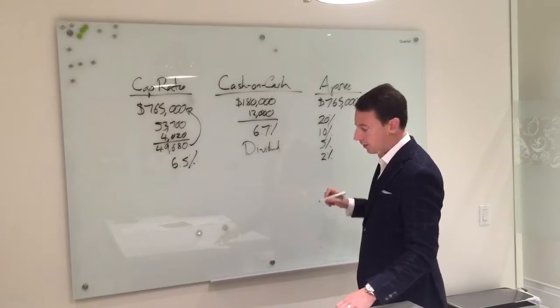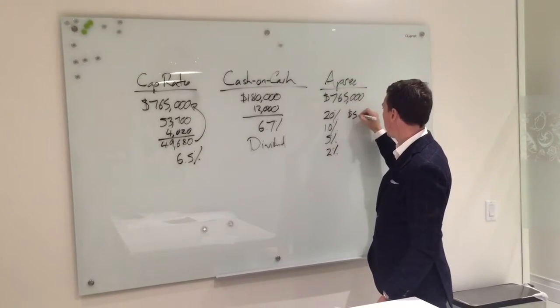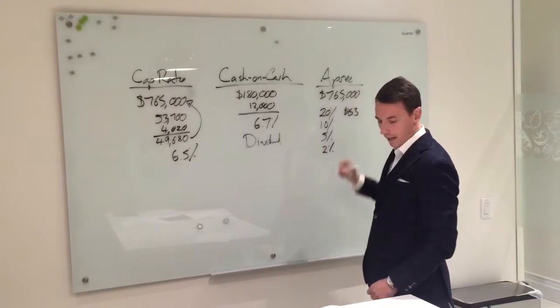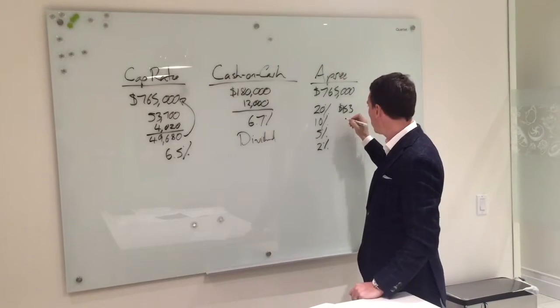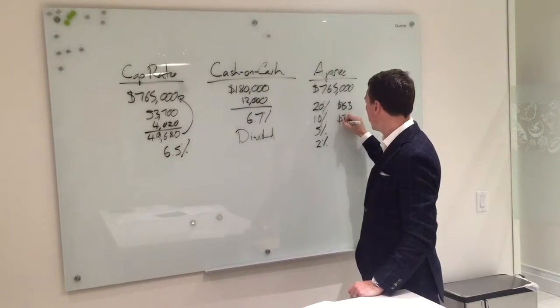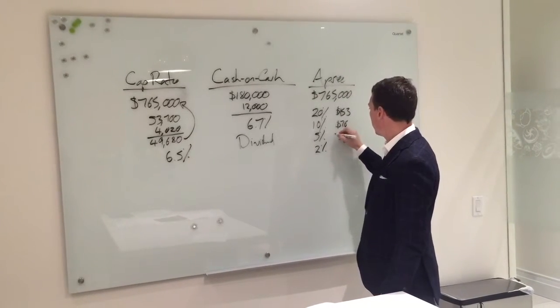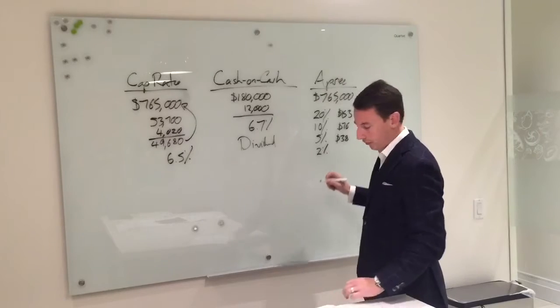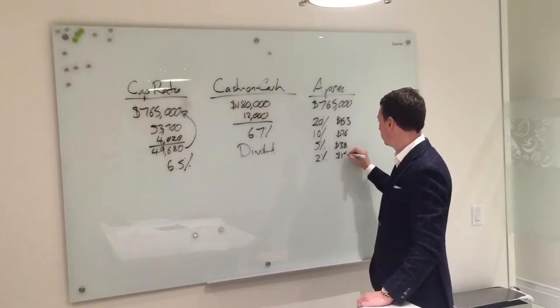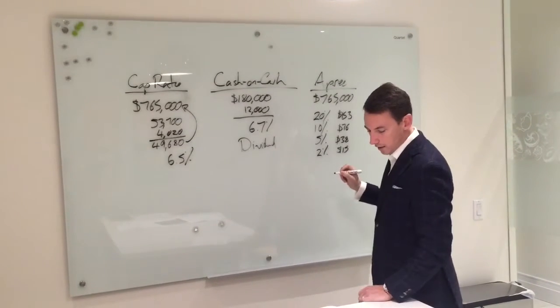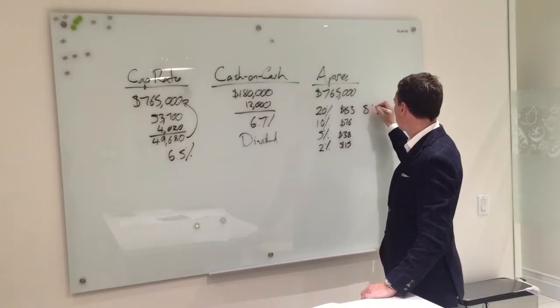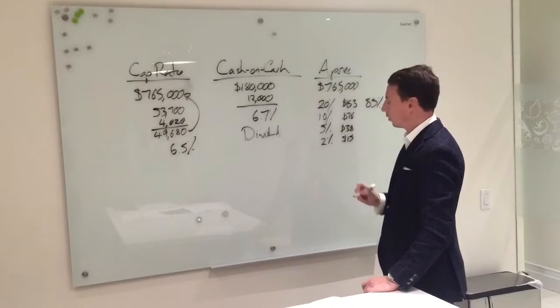So what's happening here is this property is going up $153,000 a year at 20%. It's going up $76,000 roughly at 10%. It's going up $38,000 roughly, I'm rounding, at 5%, and it's going up $15,000 at 2%. What that translates to is an 85% return.